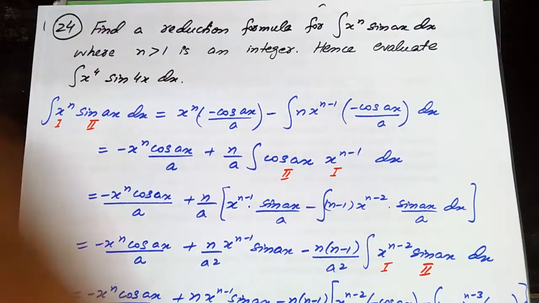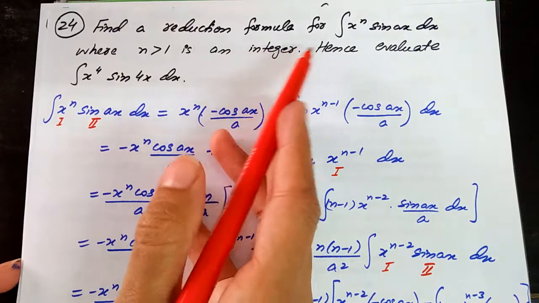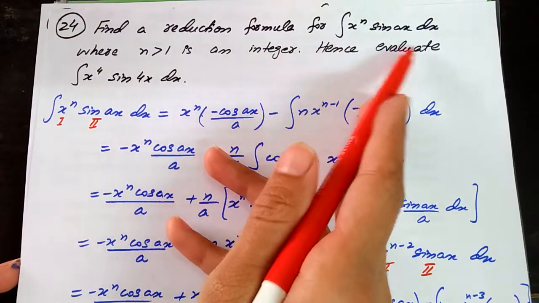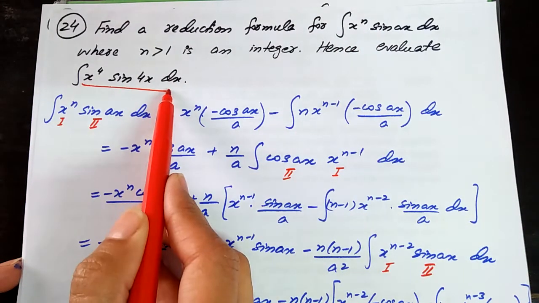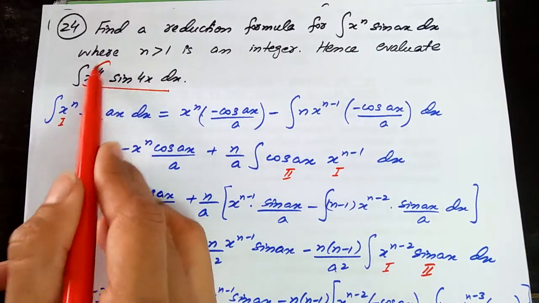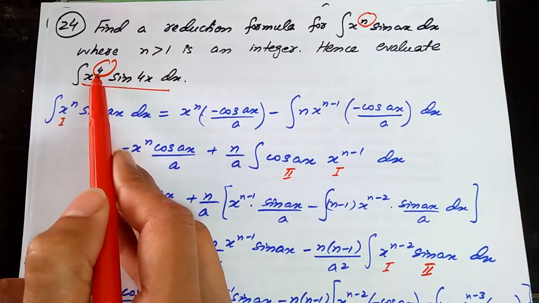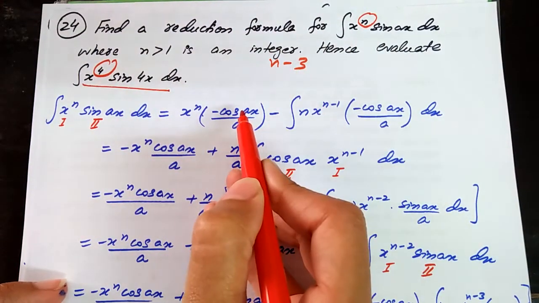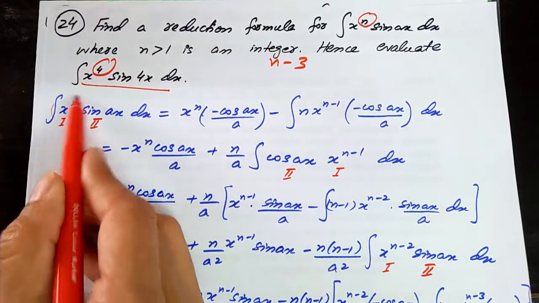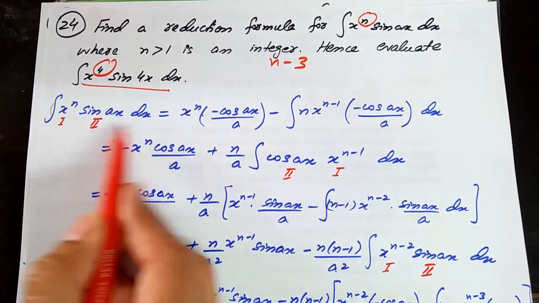Question number 24. Find a reduction formula for integration of x^n sin ax dx and then use this reduction formula to evaluate this integral. Now here in place of n we have 4, so we just reduce it up to n minus 3. Now take x^n as first function and sin ax as second function.